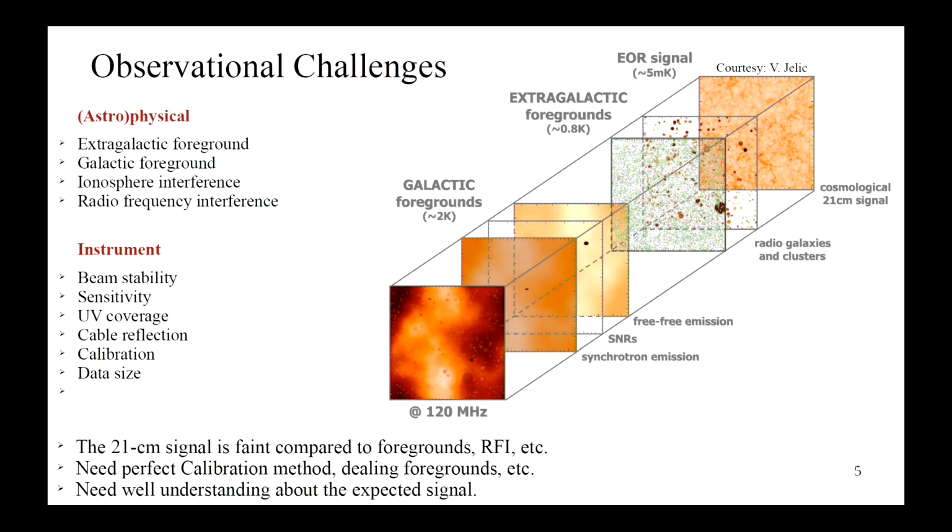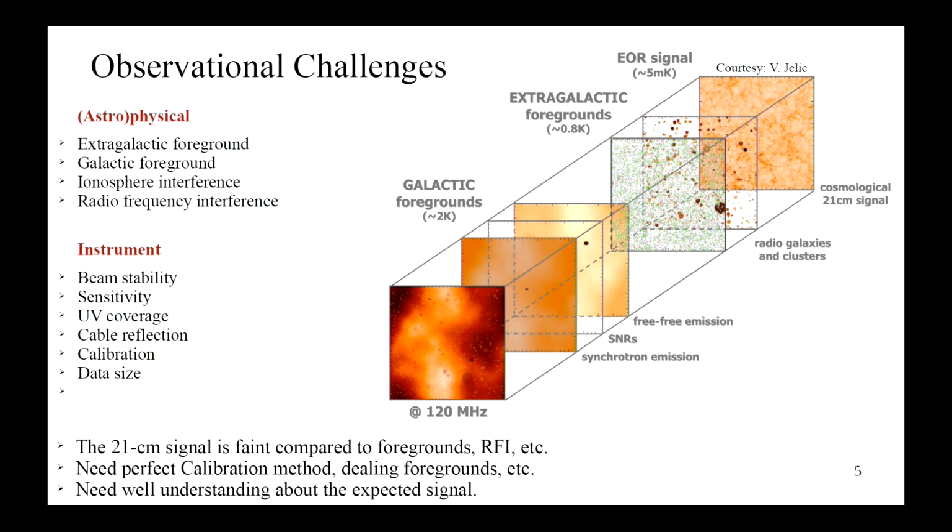Of course, we have listened to this yesterday as well, that this particular probe is very challenging as the strength of this signal is very small compared to the astrophysical foregrounds, and it's very difficult to extract the signal from this hugely foreground dominated map, which we will finally observe using our radio observations.